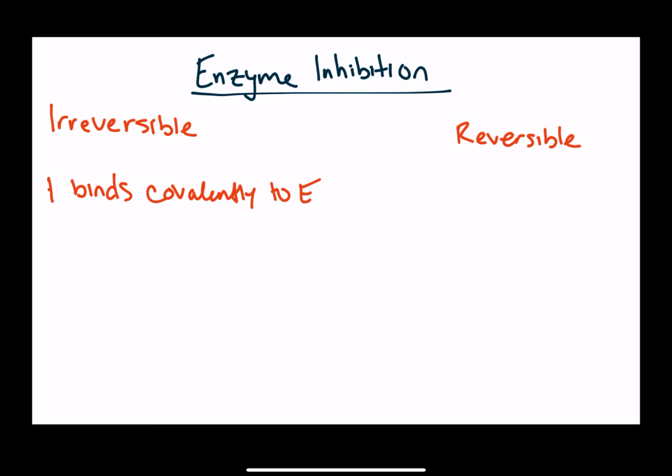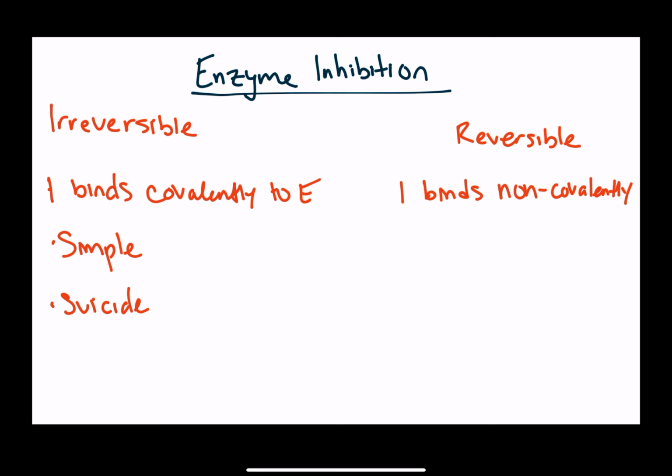Irreversible is where the inhibitor binds covalently to the enzyme, and reversible is where it binds non-covalently. The covalent bond for the irreversible inhibition is essentially a permanent bond, so it renders the enzyme permanently unusable, right?